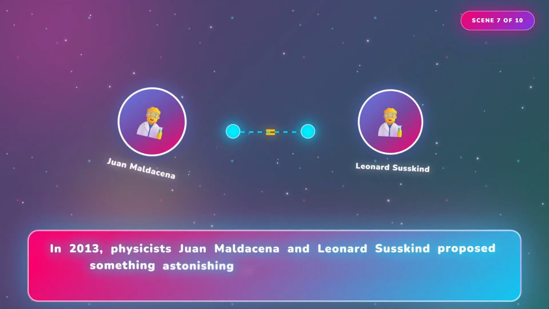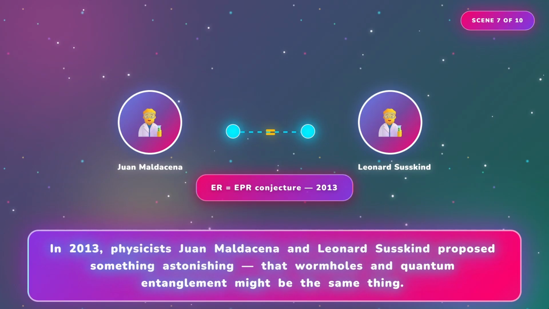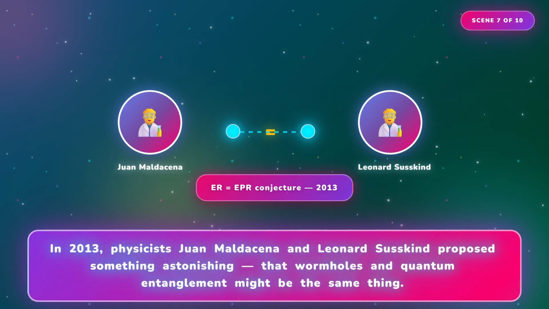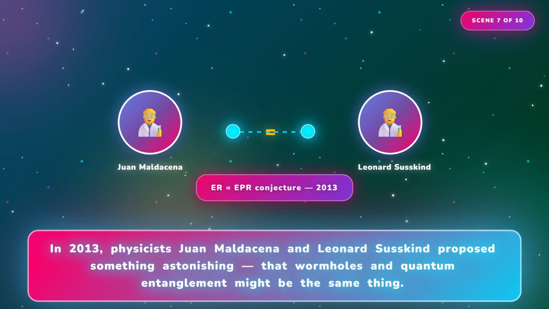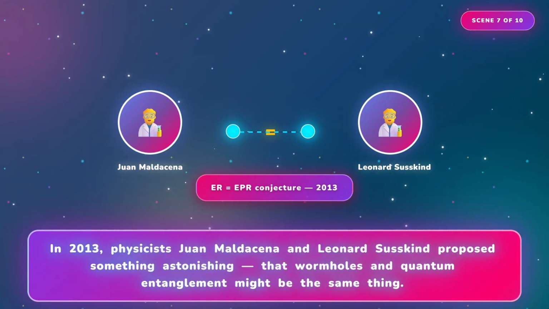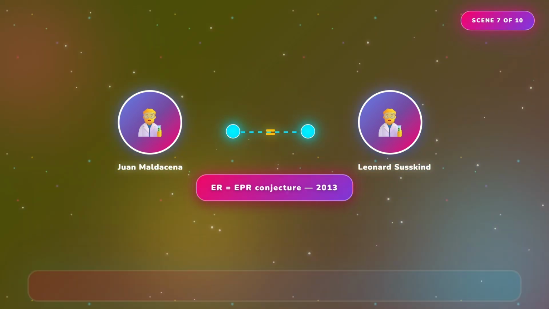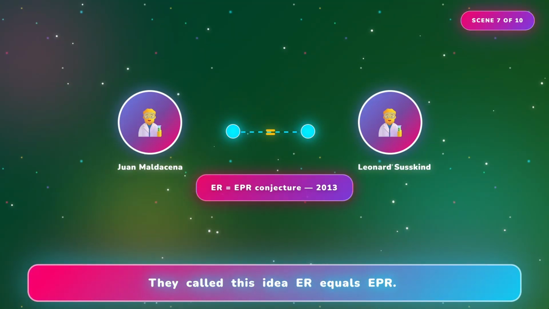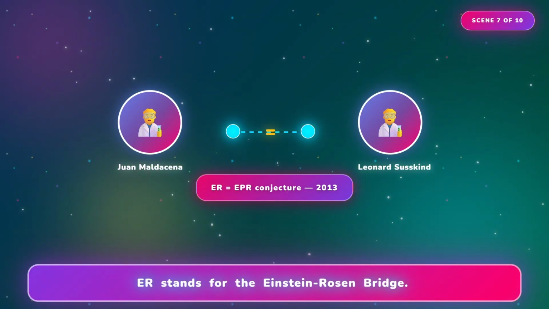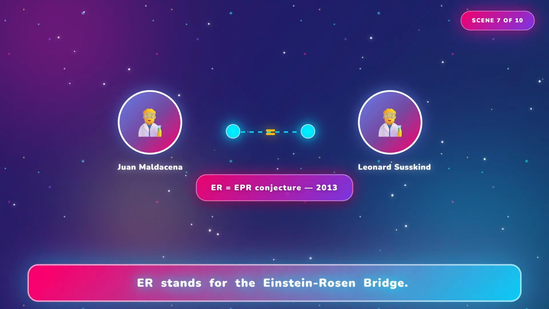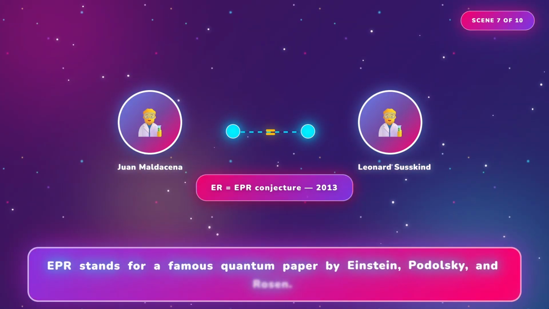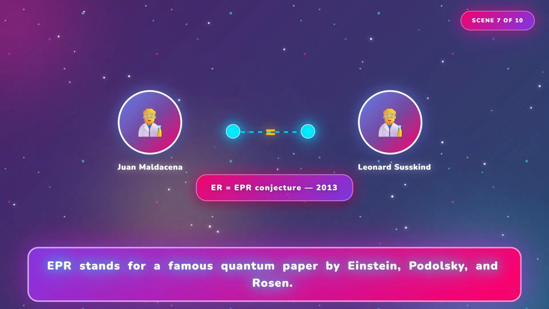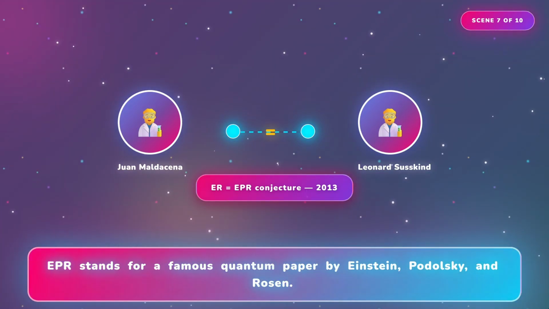In 2013, physicists Juan Maldacena and Leonard Susskind proposed something astonishing, that wormholes and quantum entanglement might be the same thing. They called this idea ER equals EPR. ER stands for the Einstein-Rosen bridge. EPR stands for a famous quantum paper by Einstein, Podolsky, and Rosen.